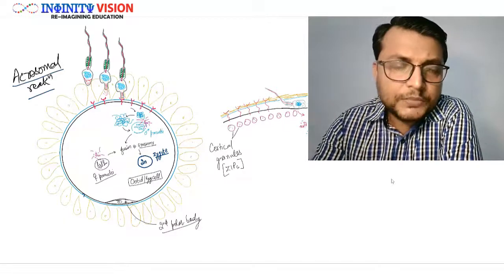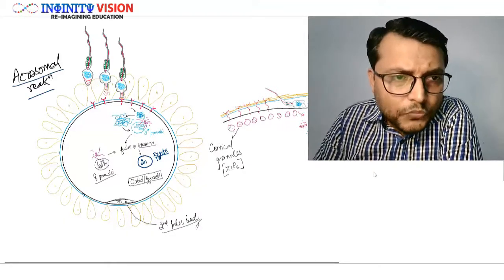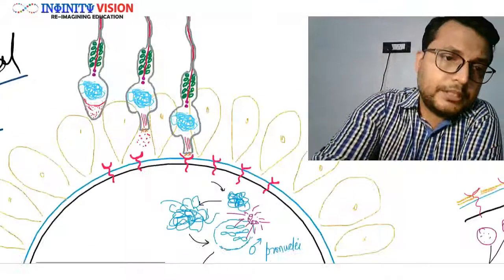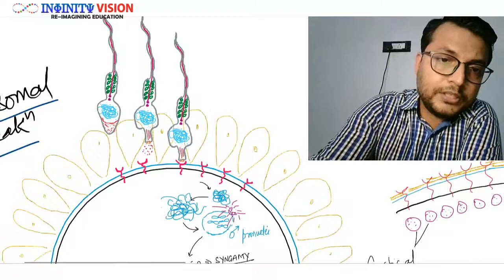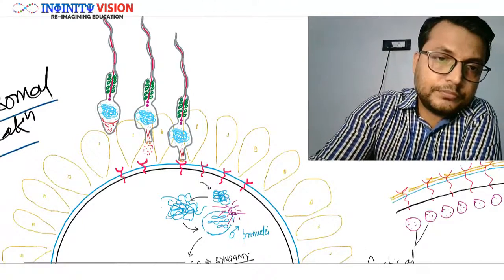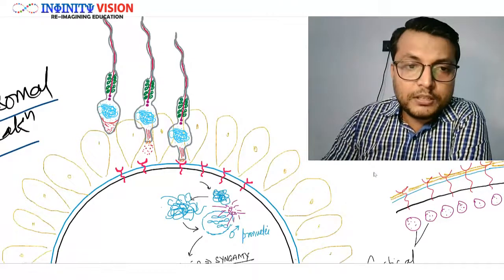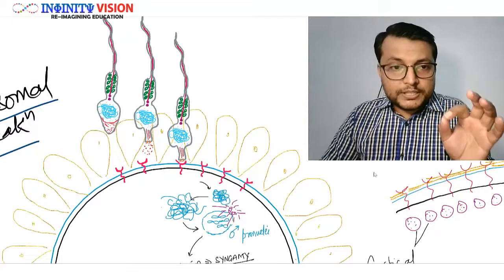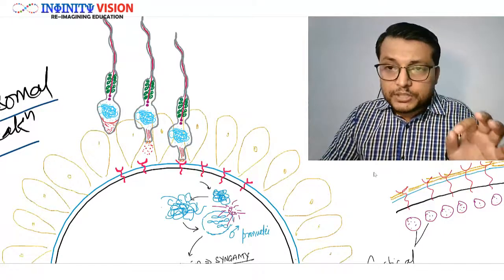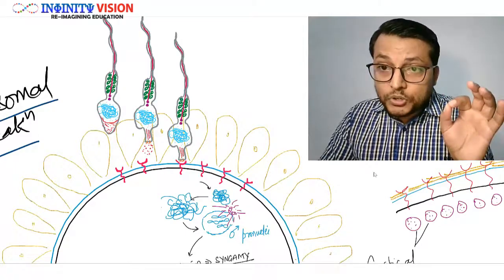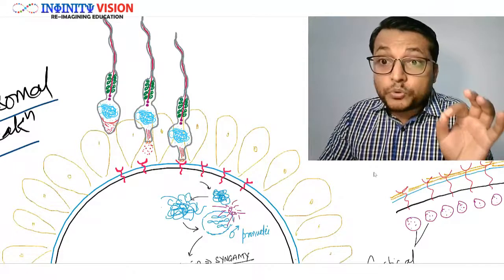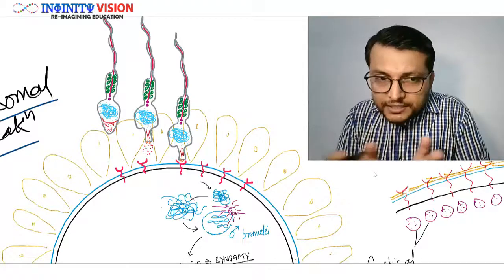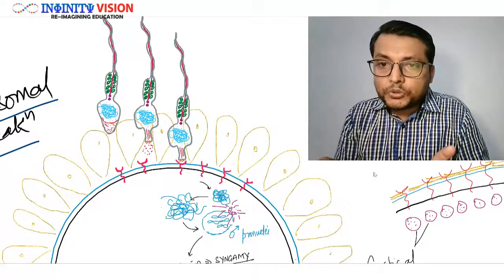What happens? Finally, at that point, some actin processes are made. So look at this now. Can you see here? Great. So there are some actin processes, and the red ones are the enzymes of the acrosome, which are hydrolytic in nature. Now, they will degrade this layer of corona radiata.